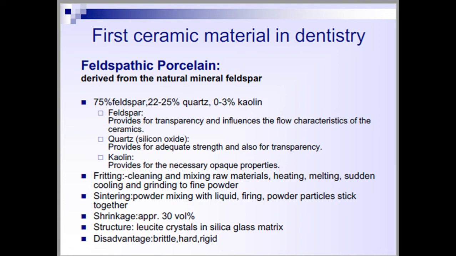And if we are adding calcium dioxide, it becomes lime feldspar. All these ceramic materials are called feldspathic porcelain, because feldspar is the main ingredient along with quartz, kaolin, and other color frits added to that.